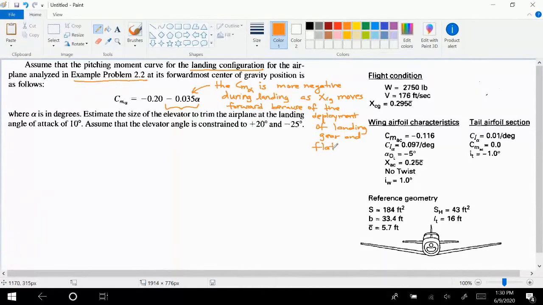All the extensions from the wing and the flaps.